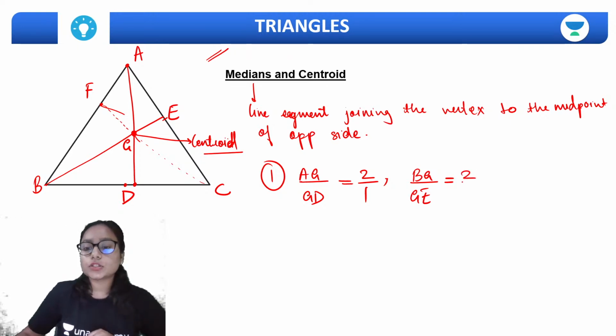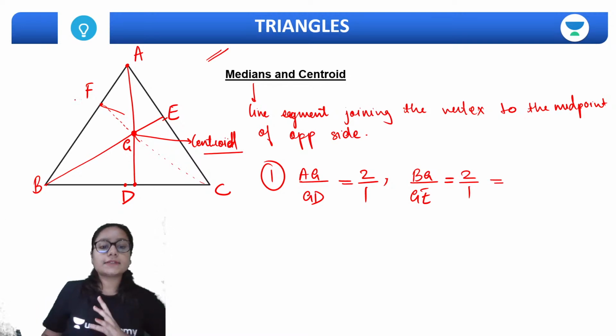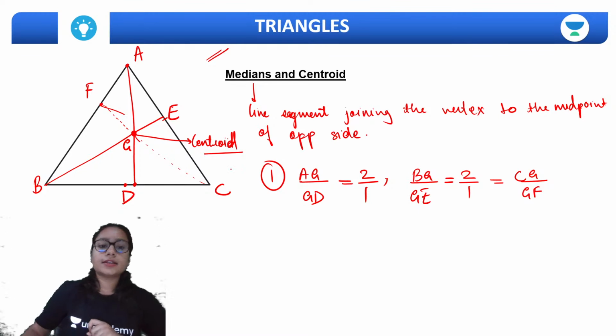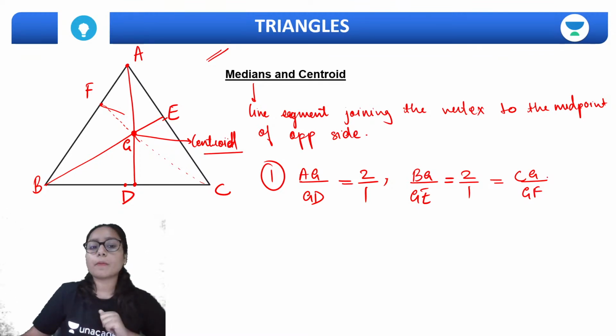Correct. This is also 2:1. Likewise for the third median also, CG to GF is also 2:1. Okay, I hope this property is clear.